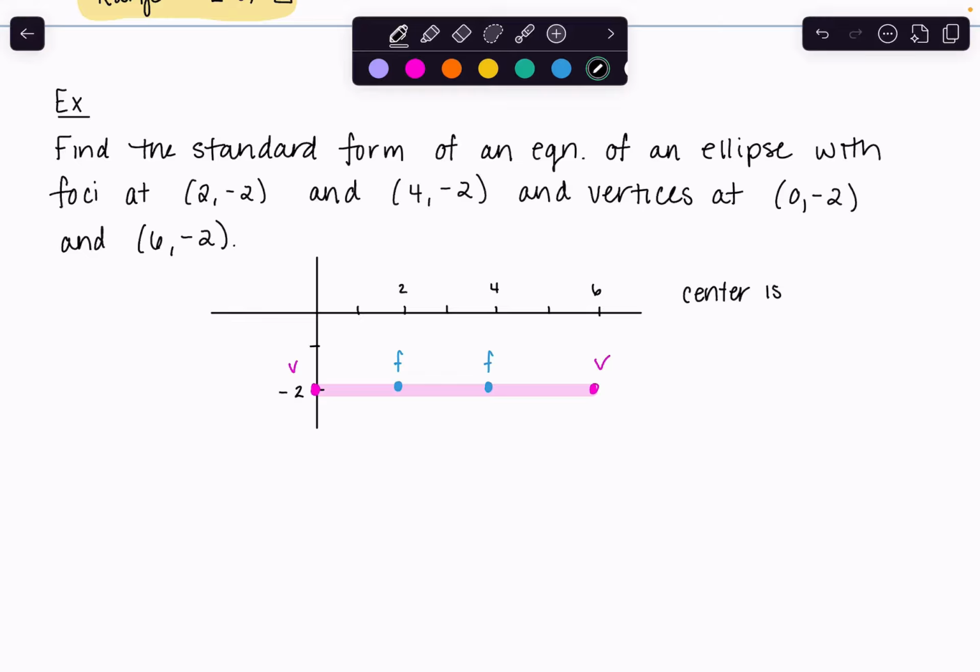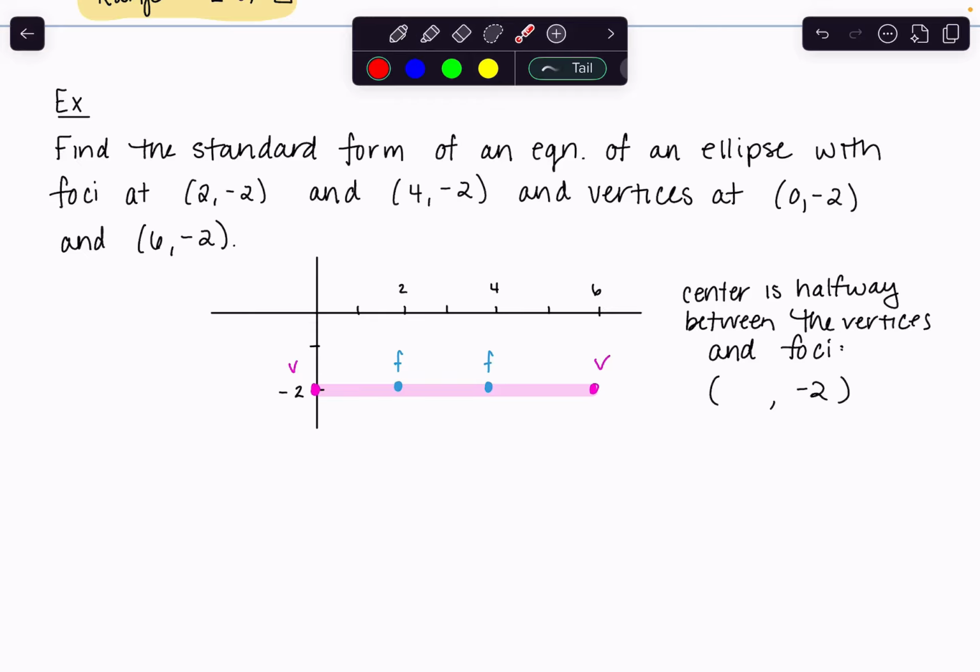So the center is halfway between the vertices and foci. Definitely our y coordinate, -2, is not changing. But halfway in between 2 and 4 would be 3, and halfway in between 0 and 6 is also 3. So our center point (h, k) is going to be right here at (3, -2).